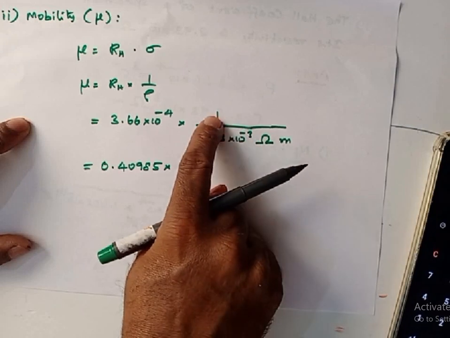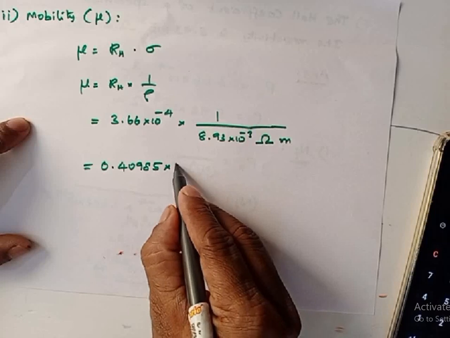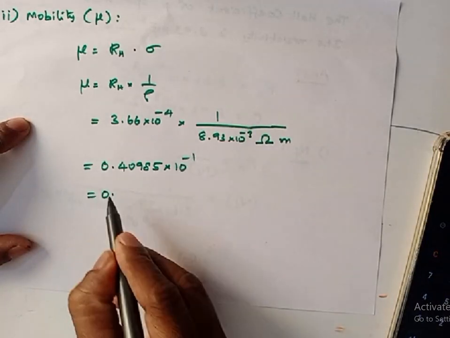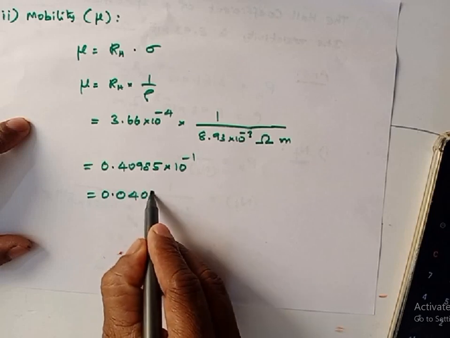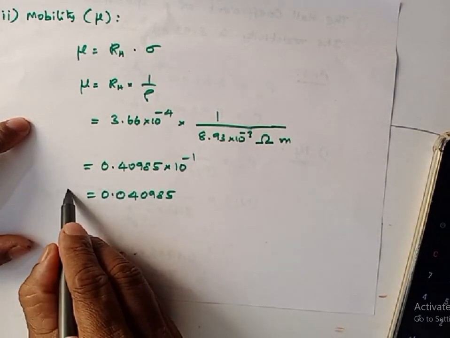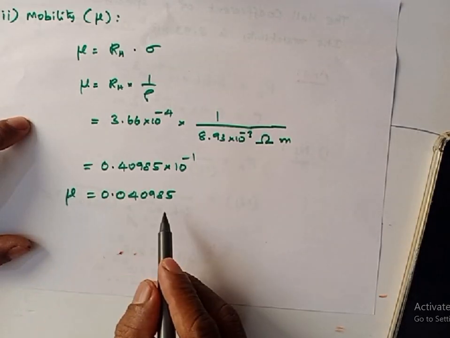If I bring it to the numerator, it becomes 10 to the power plus 3. So 10 to the power minus 4 and 10 to the power plus 3 becomes 10 to the power minus 1, or we get 0.040985. This is the mobility of the electron.